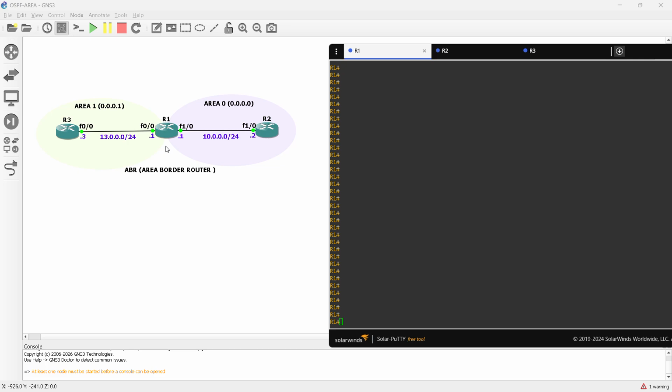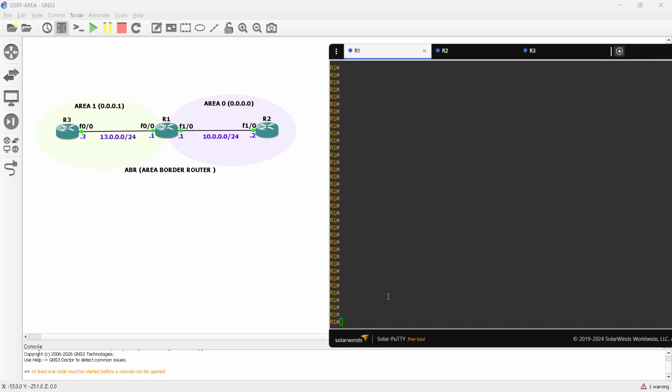So let's suppose here the IP address is configured 13.0.0.1 with subnet mask of 255.255.255.0. In order to test it, let's just remove the IP address for now.